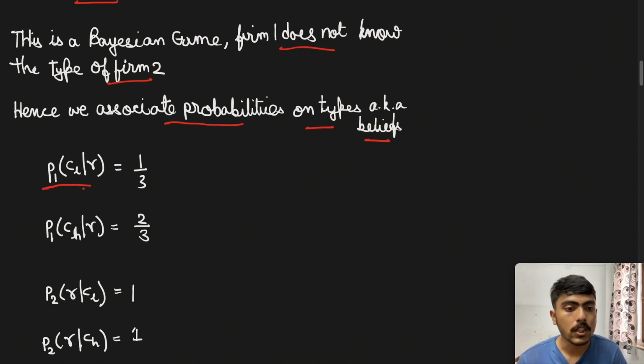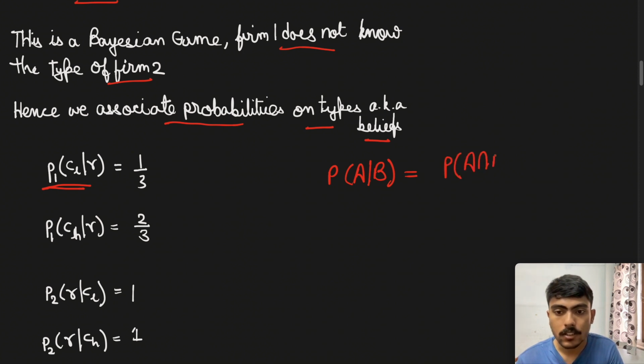I hope this notation is known to you. This notation stands for conditional probability. If we are given A given B, this means P of A intersection B divided by P of B. This means the probability that events A and B both occur, divided by the probability that event B occurs.